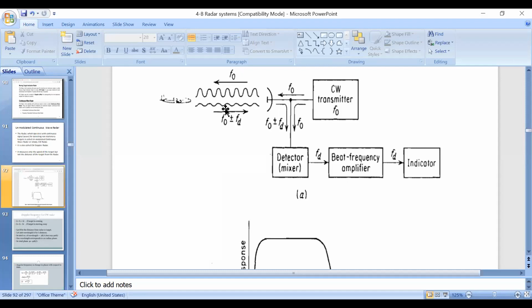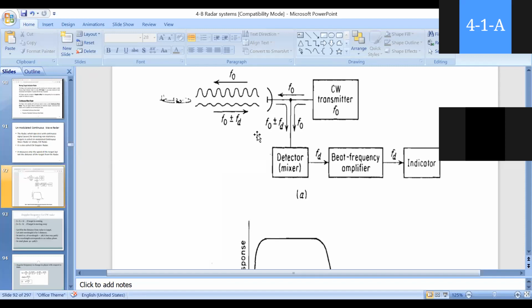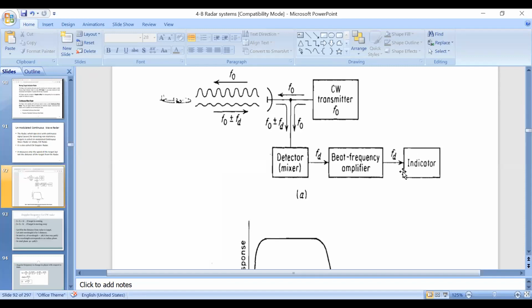Now, whenever this echo signal reaches the radar system, the duplexer acts as a receiving antenna and receives the echo signal. That echo signal is given to the radar receiver section, the radar processing unit, right?